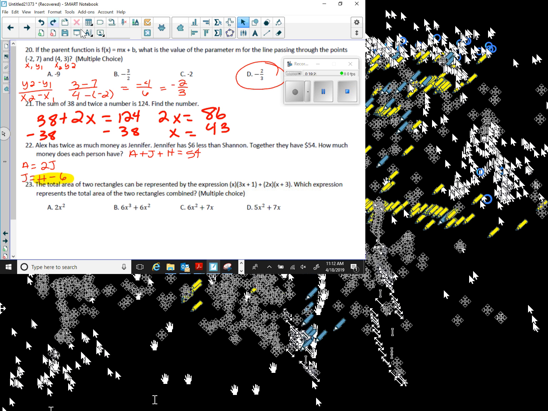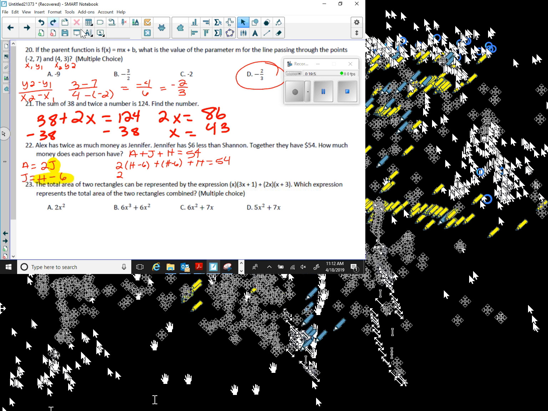Well, Jennifer is H minus 6. Alex is 2 times what Jennifer has, so 2 times H minus 6, plus J, which is H minus 6, plus H equals 54. Combine like terms.